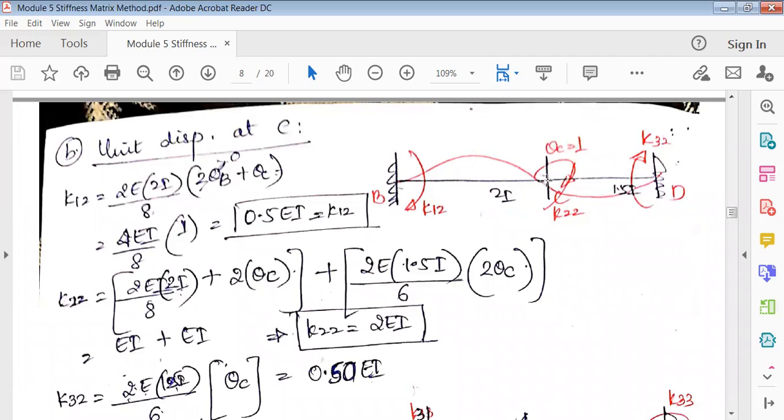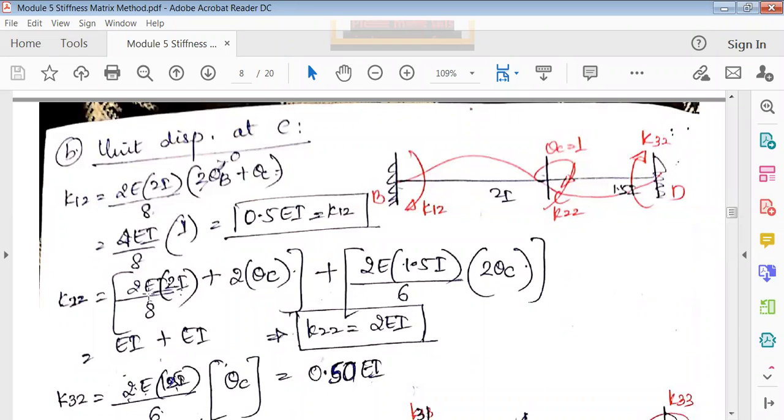Now K22, it is affecting both sides of the beam, that is CB and CD also. So it is MCB, MCD. MCB is nothing but you take this left side, 2EI by L, that is left side and right side.